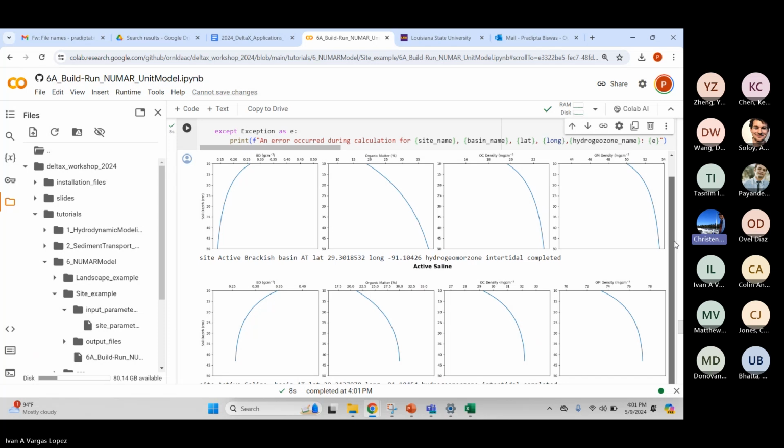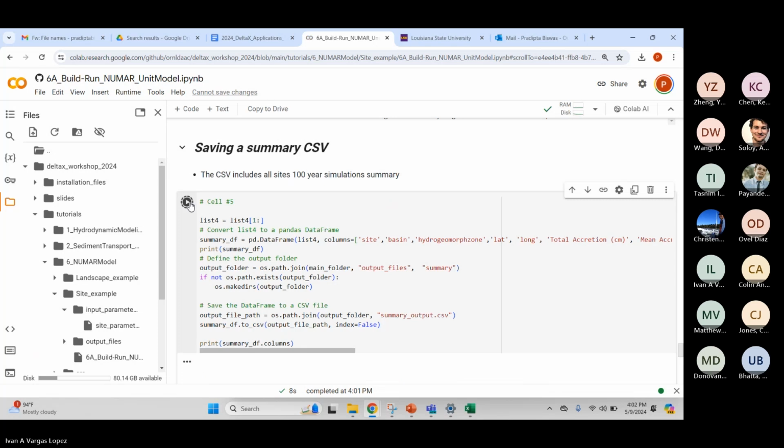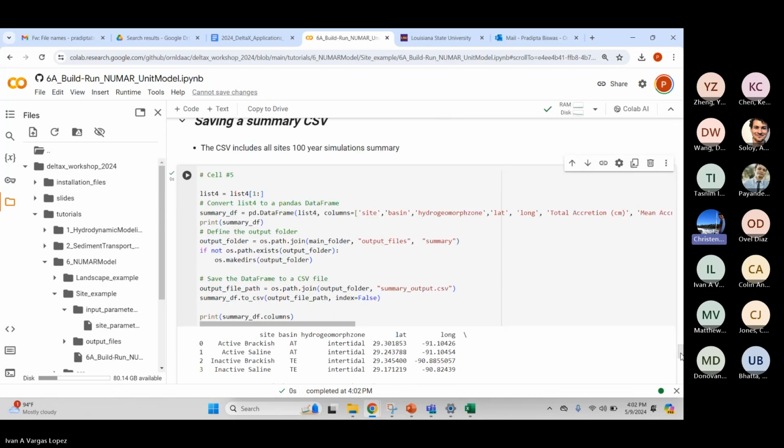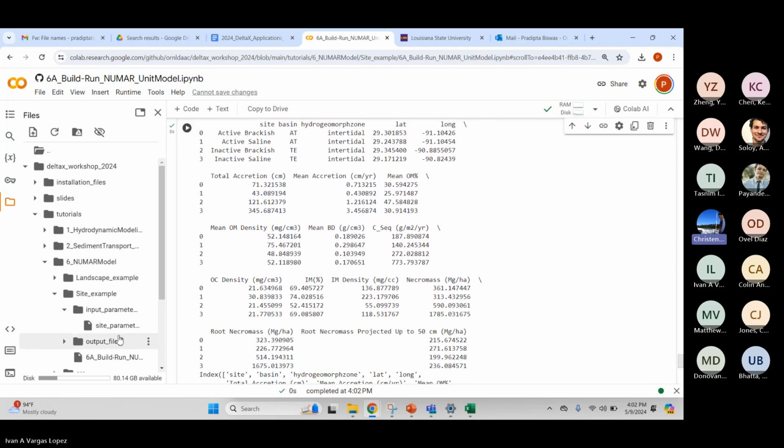This is a DeltaX product that is in review, so it will be published once it goes through full review with ORNL DAAC, and that will include the model and these example sites. Then you have to run the final cell. If you run this cell, it will give you the 100-year summary for each of the sites. This is our 100-year summary.